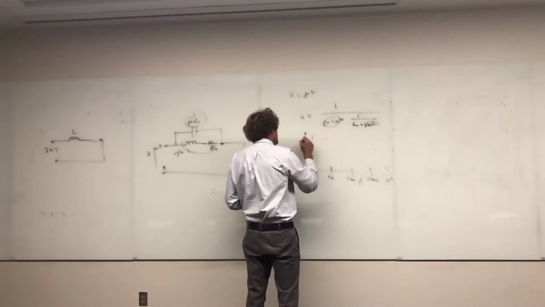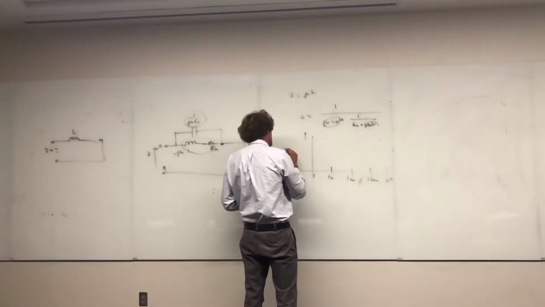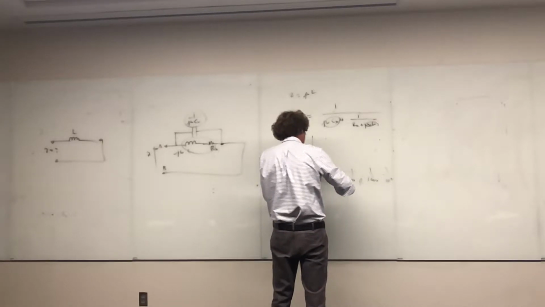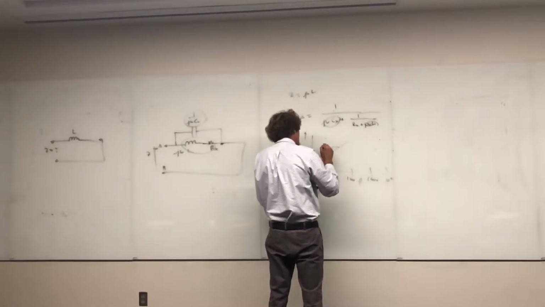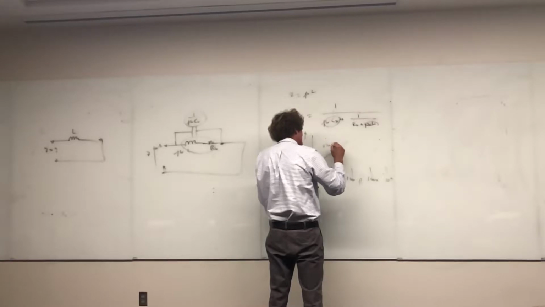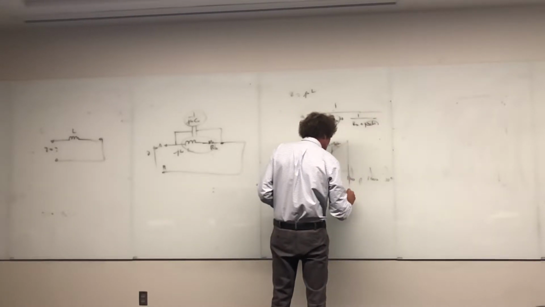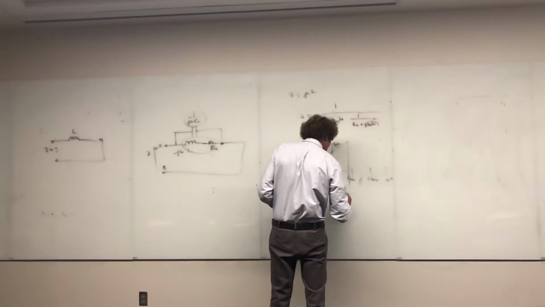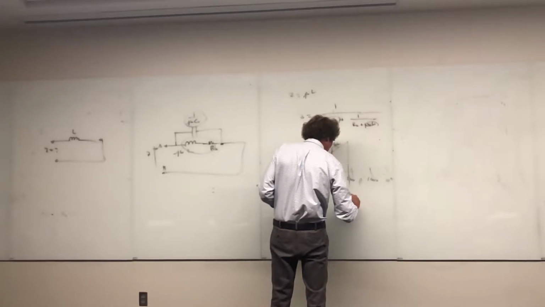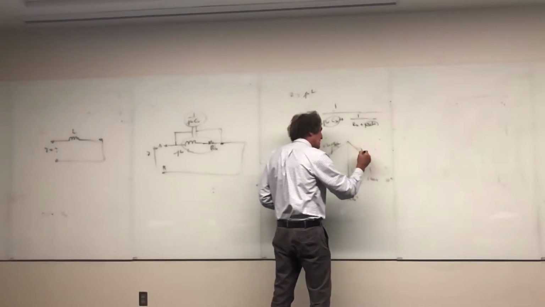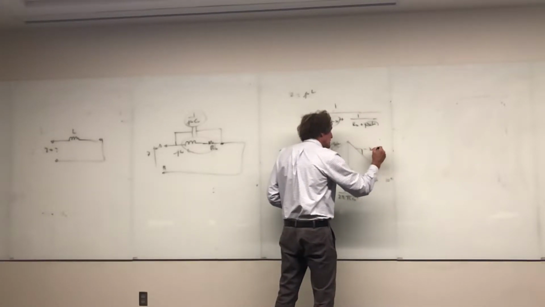That's just going up at 20 dB per decade. So on this axis, if you plot 20 times the log of the magnitude of Z, you'll see it goes up at a continuous rate of plus 20 dB per decade until it hits resonance. Resonance will be 1 over 2 pi square root of L times Cx. On the other side of that, it'll come down at minus 20 dB per decade.